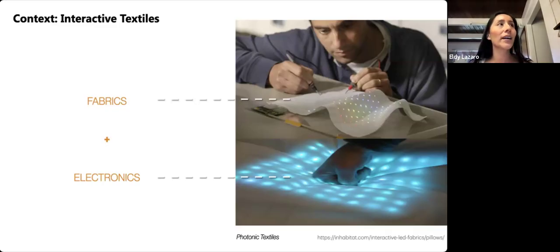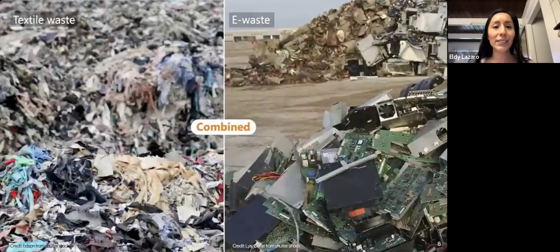And one of the things that I noticed in my work and in my research was that sustainability is often framed as an afterthought of the design process. We think about sustainability at the very end of the design process, and I wanted to bring it sooner. In interactive textiles, one of the biggest problems is that we're combining textile waste with electronic waste.